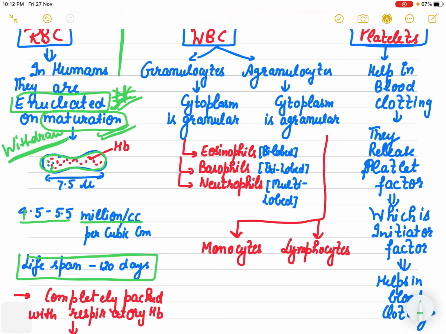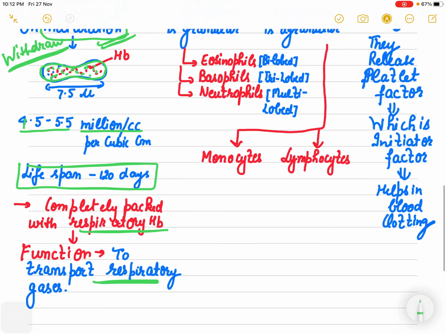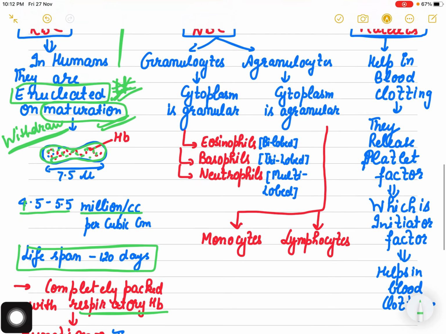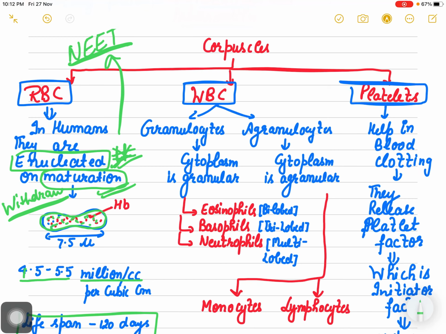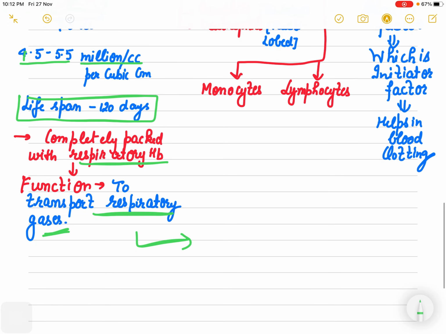They are completely packed with hemoglobin, the respiratory pigment, so they help in the transportation of respiratory gases. I'm just quickly revising RBCs, WBCs, and platelets, but if you want the complete discussion, please go through the body fluids and circulation chapter.